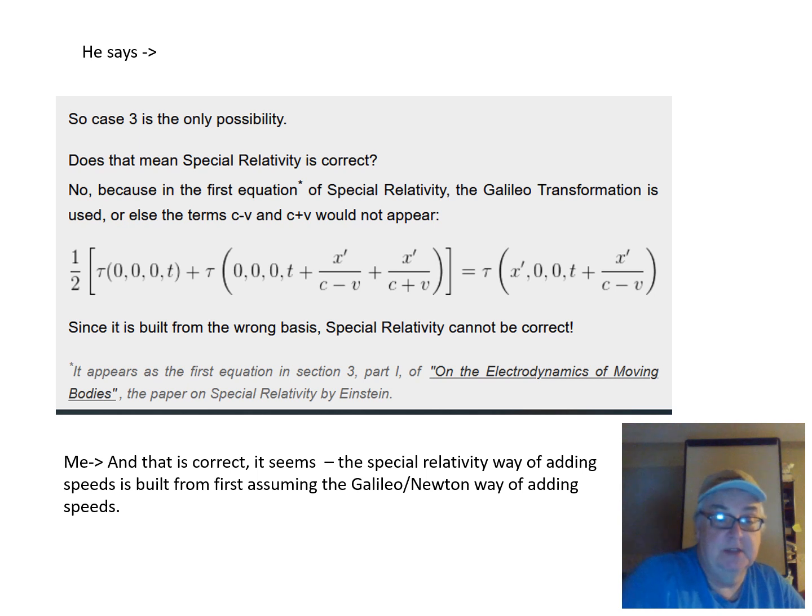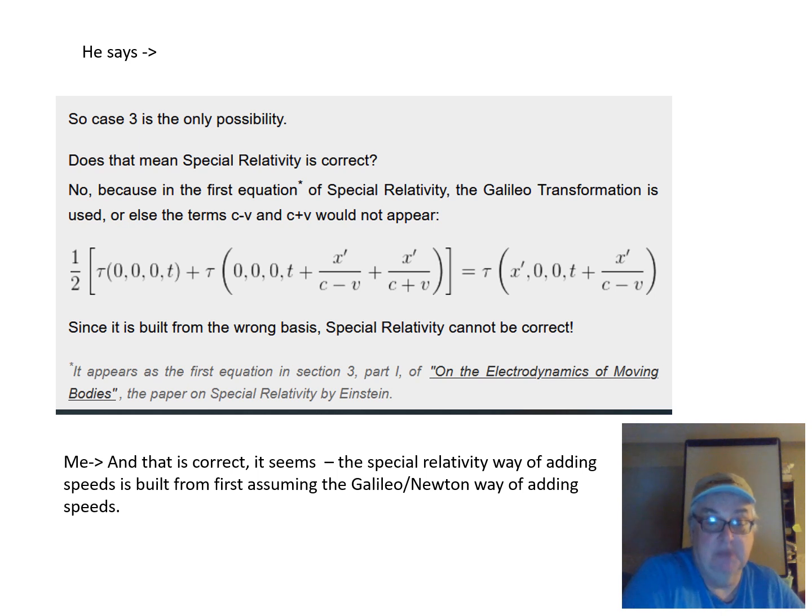So he goes on to say this. So case 3 is the only possibility. Does that mean special relativity is correct? And he says no, because in the first equation of special relativity the Galilean transformation is used, or else the terms c minus v and c plus v would not appear, and that is an equation from Einstein's On the Electrodynamics of Moving Bodies, his first paper on special relativity, and he's using normal addition of speed in that equation.